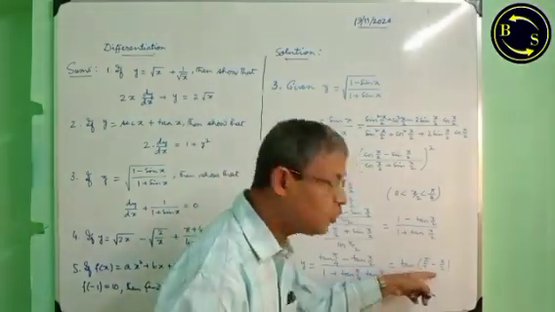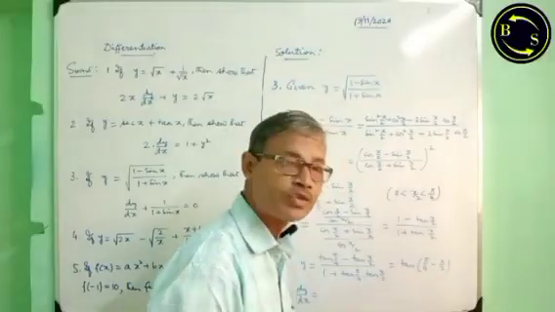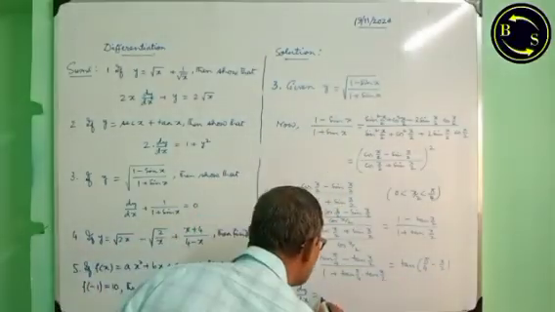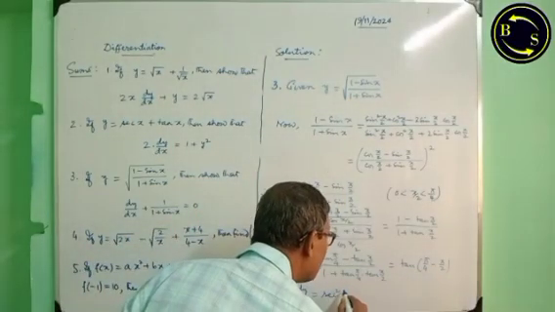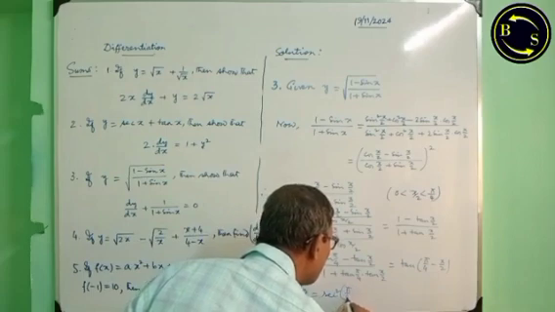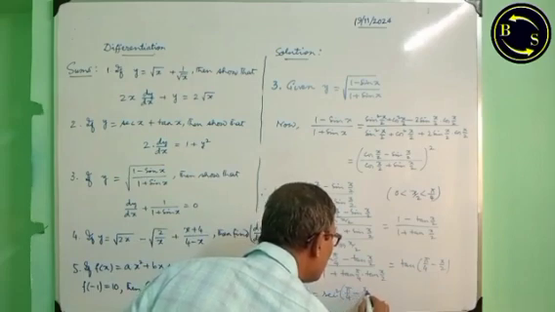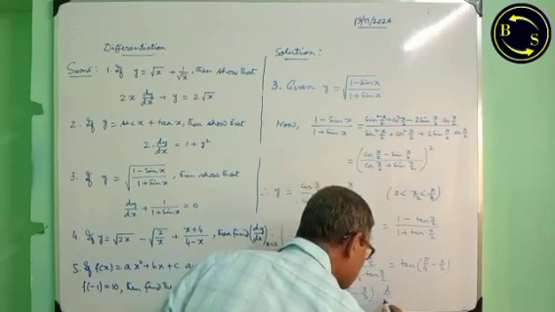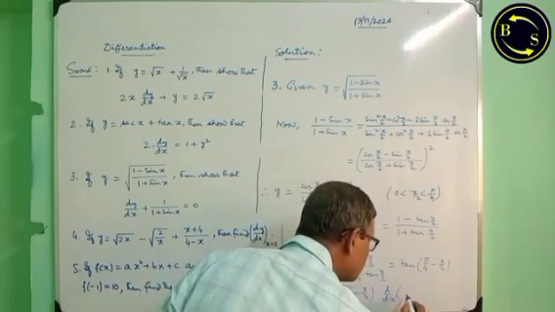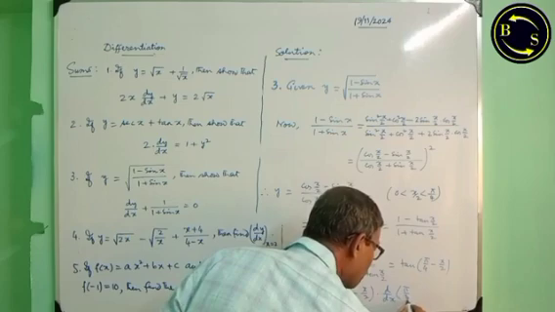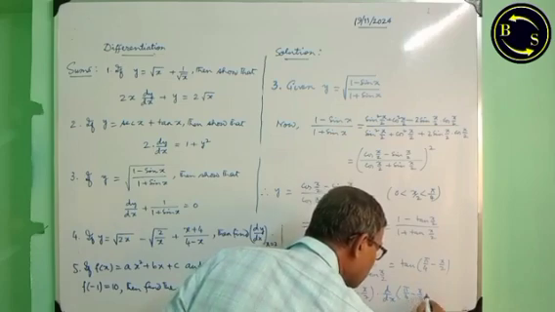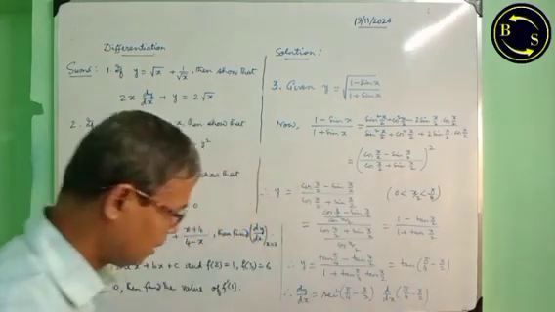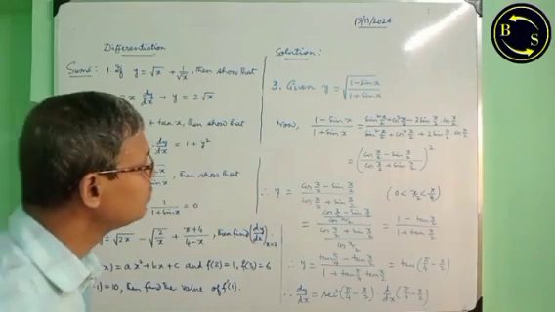First of all, tan u form, that means sec square u into du dx, d dx of pi by 4 minus x by 2.